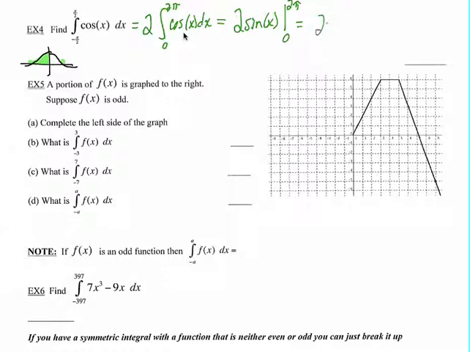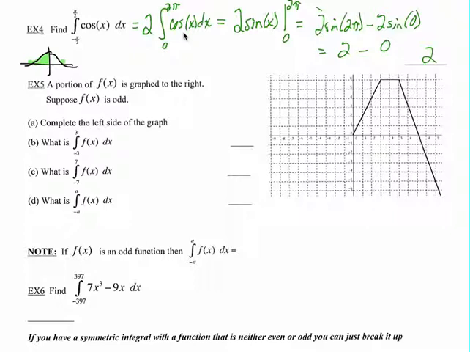So 2 sine of the upper limit minus 2 sine of the lower limit 0, which is going to be equal to 2 times 1, which is 2, minus 0, which is going to be 2.